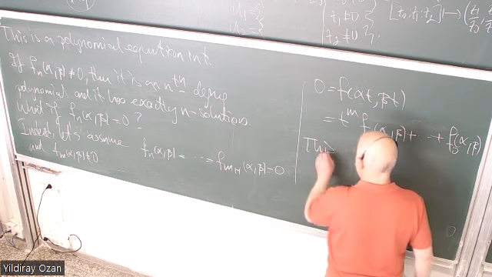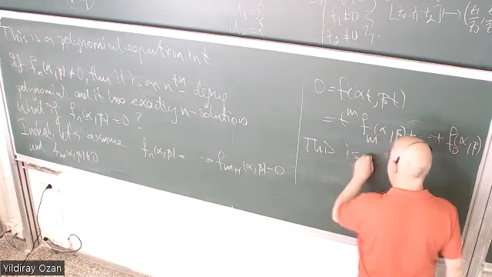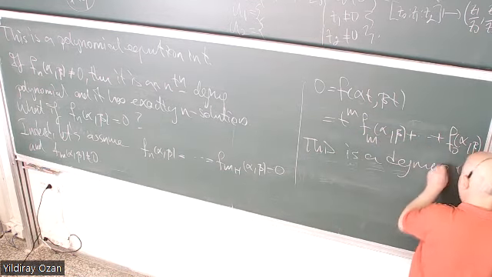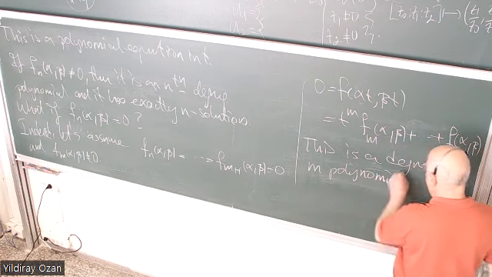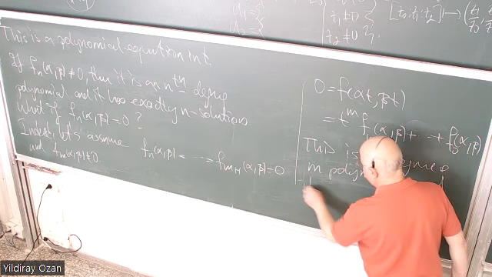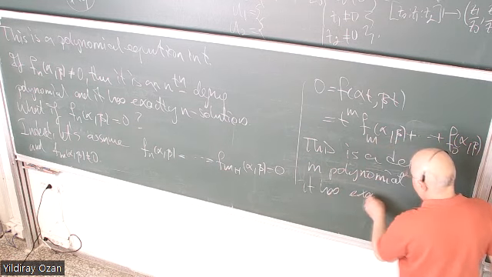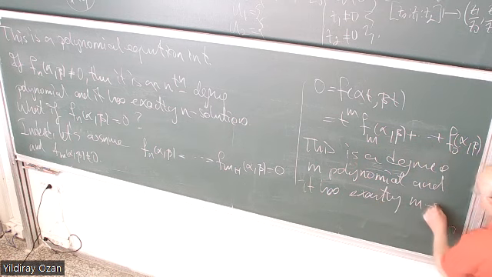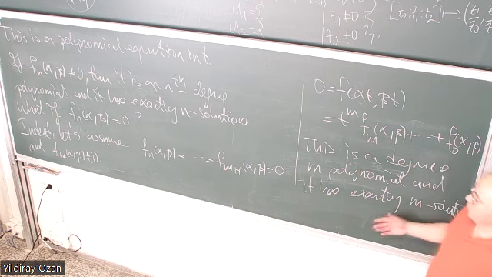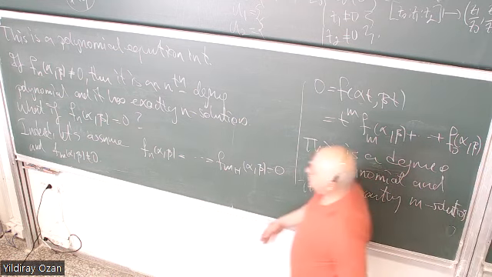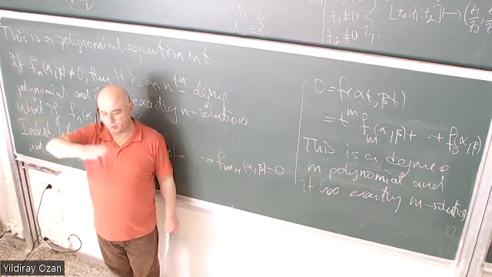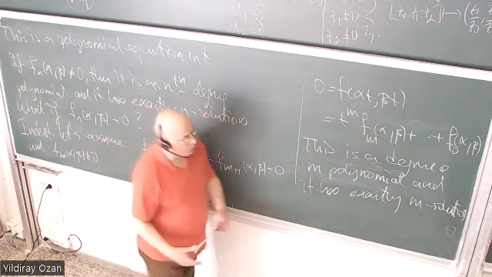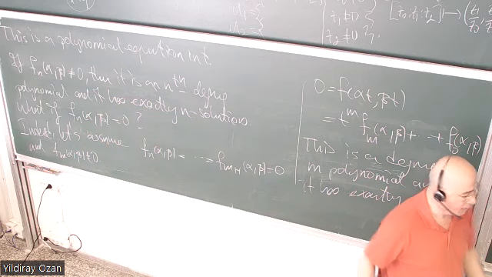This is a degree m polynomial, and it has exactly m solutions. But this is bad, right? Why? Because the intersection number changes depending on the line.